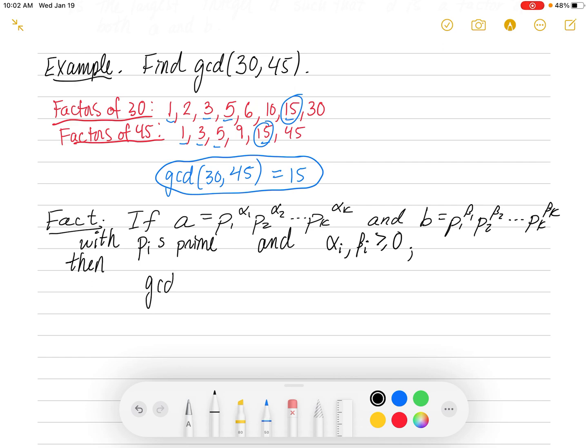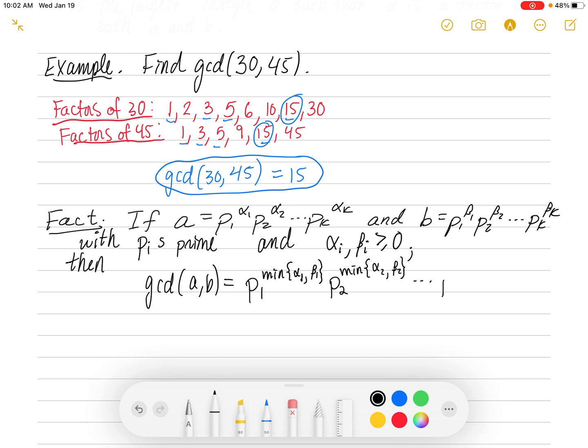Then the GCD of A and B is going to be, you take your first common prime p1 and you look at the minimum of the exponents alpha 1, beta 1. And then for p2, you copy down that second common prime and you look at the minimum of the exponents alpha 2, beta 2.